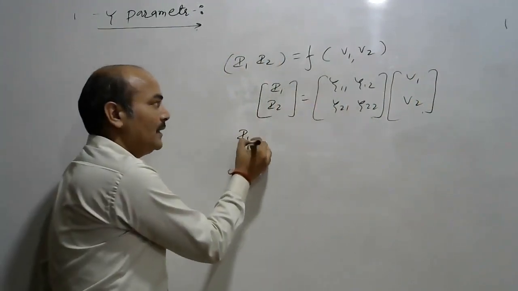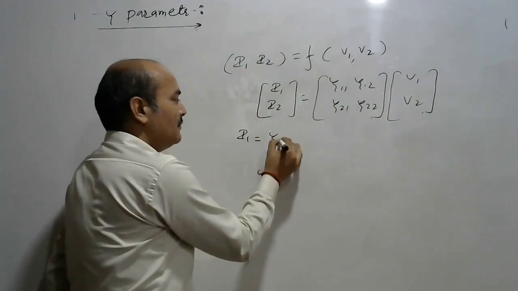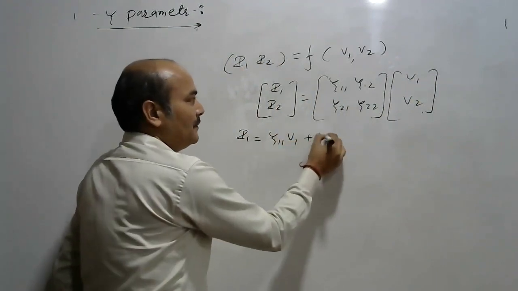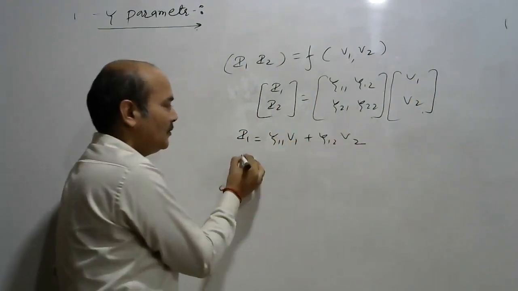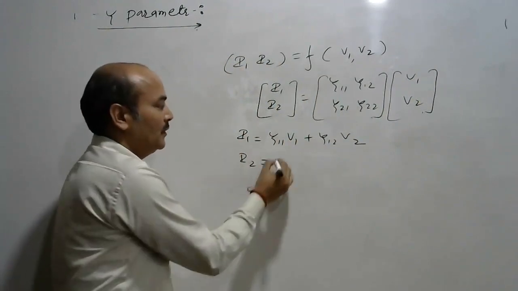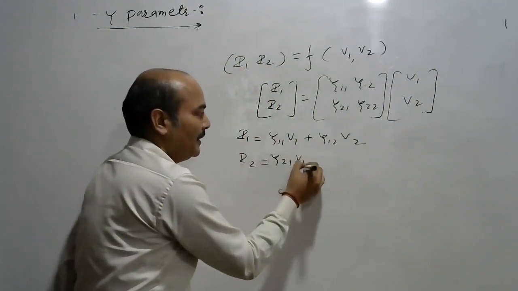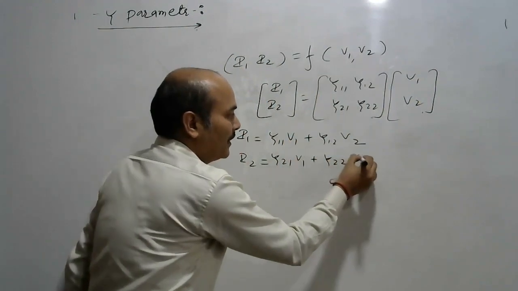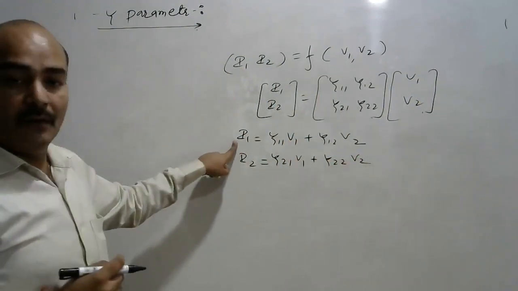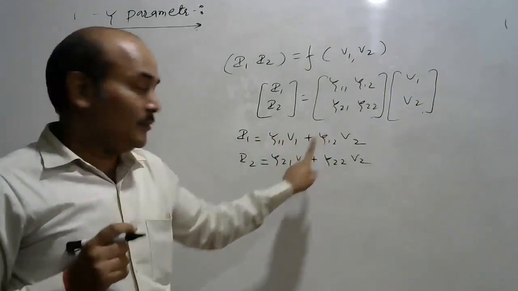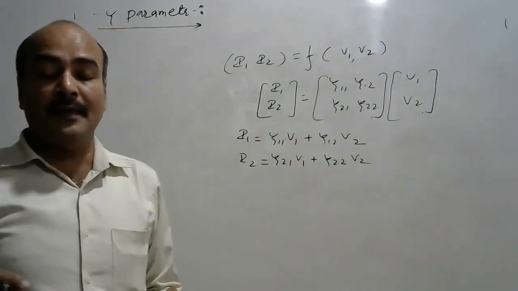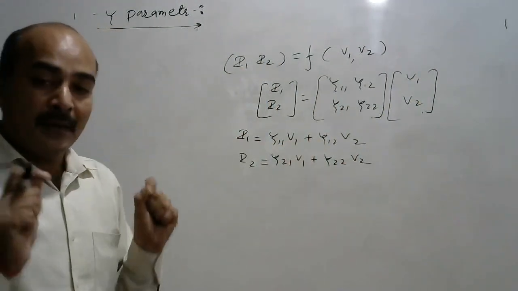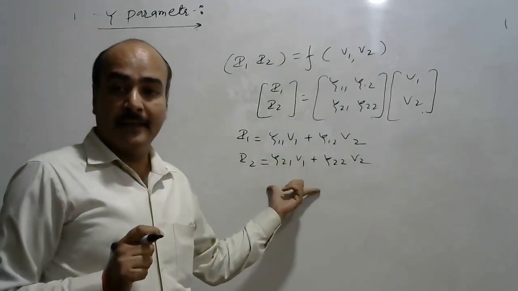If we open the equation, I1 is Y11 V1 plus Y12 V2, and I2 equals Y21 V1 plus Y22 V2. Y11, Y12, Y21 and Y22 are the Y parameters of the circuit.